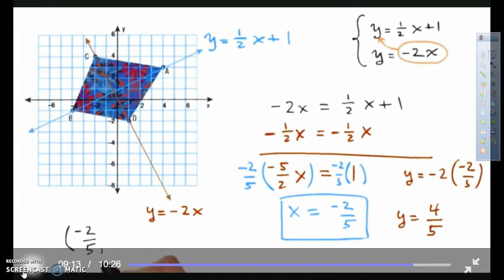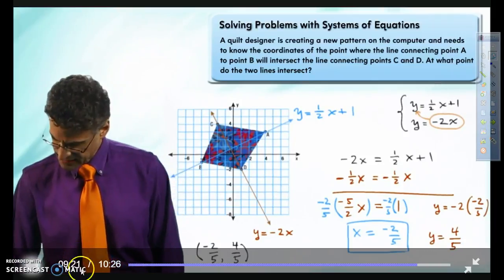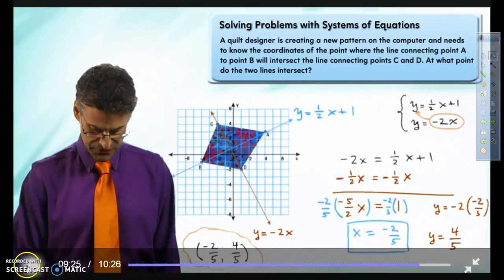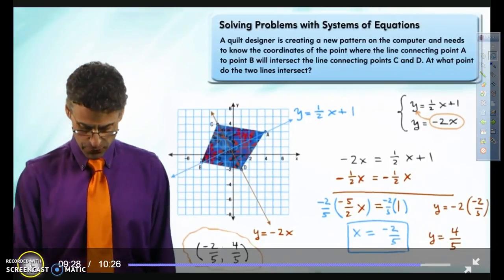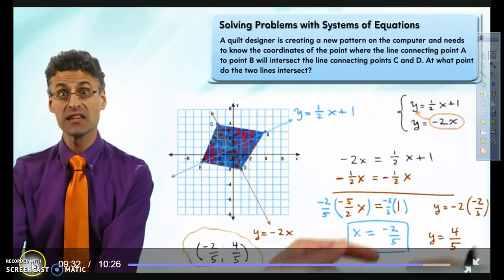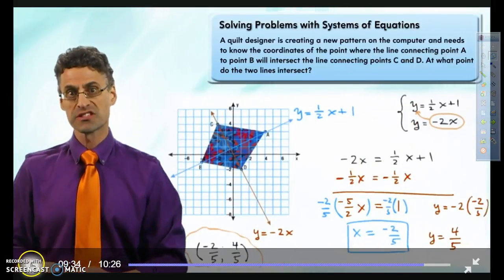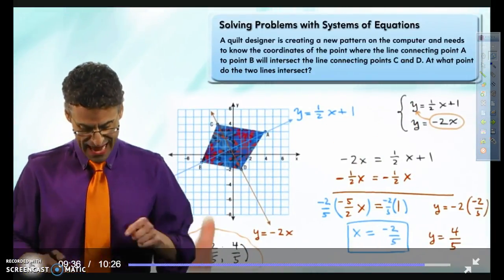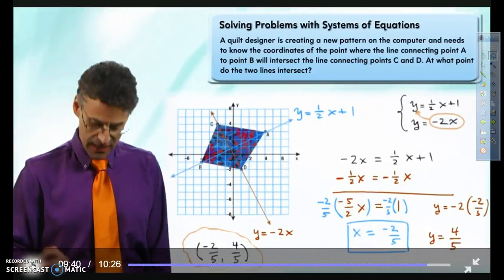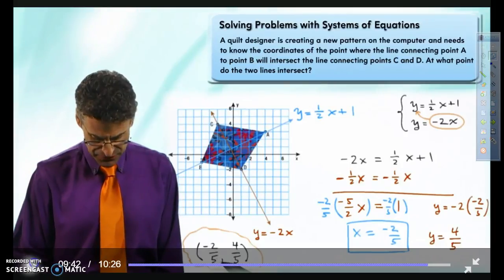So -2/5, comma, and then the y value is 4/5. And that represents the answer. That means that when x equals -2/5 and y equals 4/5, both of these equations are satisfied simultaneously. So we found the solution to the system of equations, and that actually corresponds to the point of intersection. And now let's check it out and see how close our picture is.